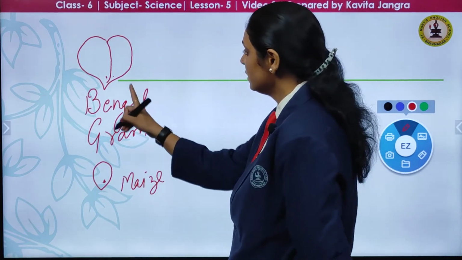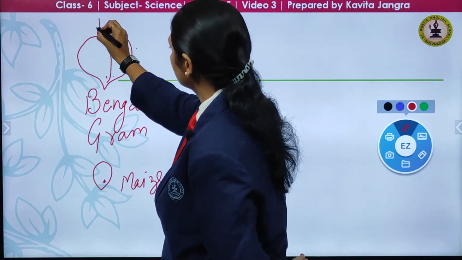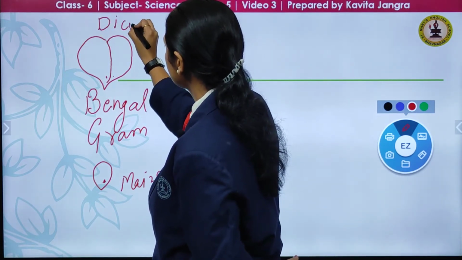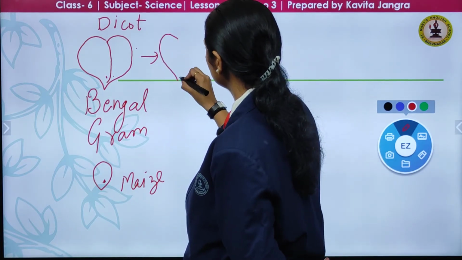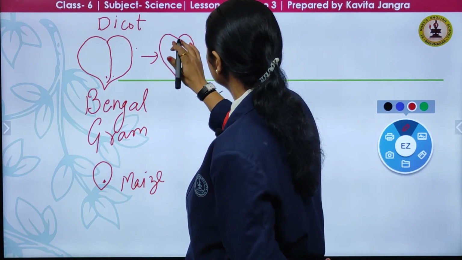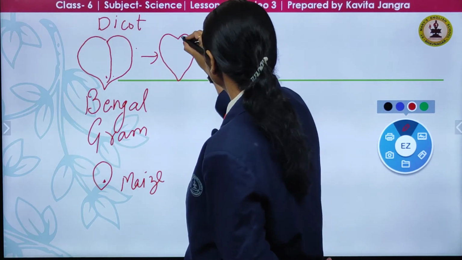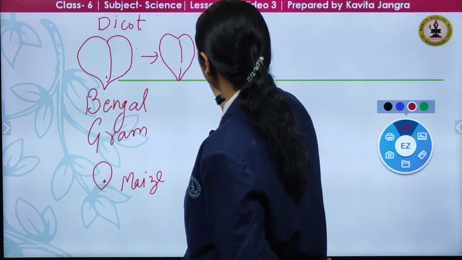As you can see, this is a dicot. Why am I saying dicot? Because it can be separated into two cotyledons. Here you can see the two cotyledons are formed.